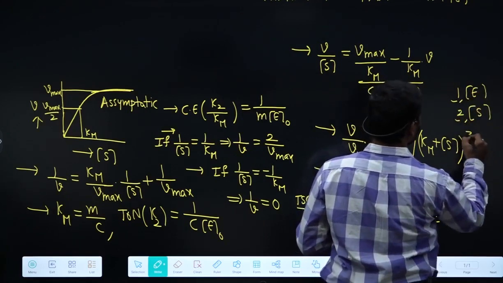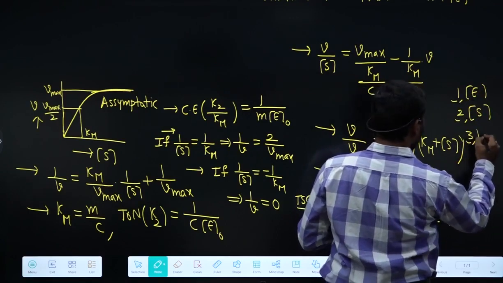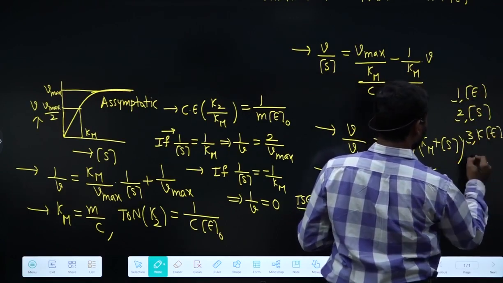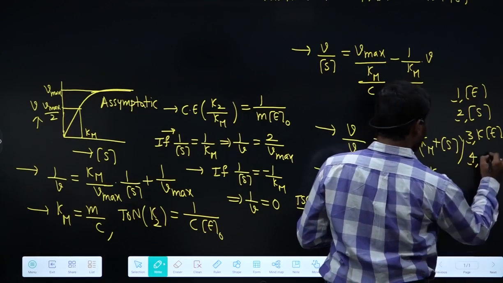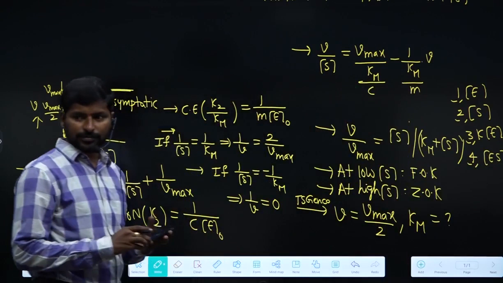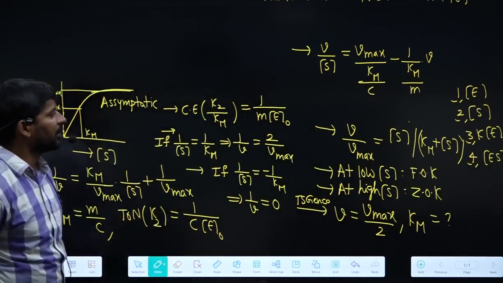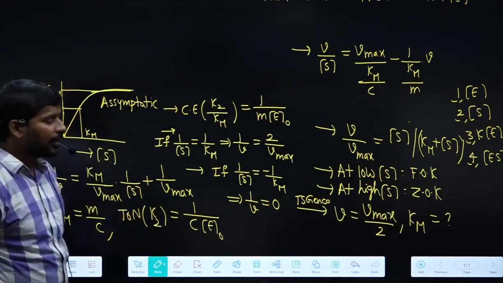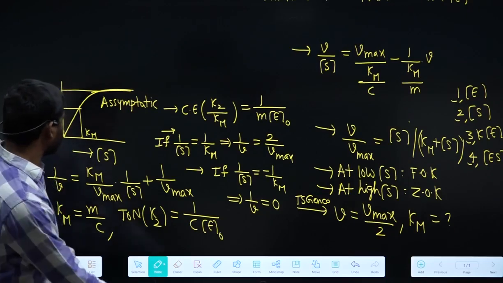Concentration of E, concentration of S, K into E naught, concentration of ES. Concentration of S, right?